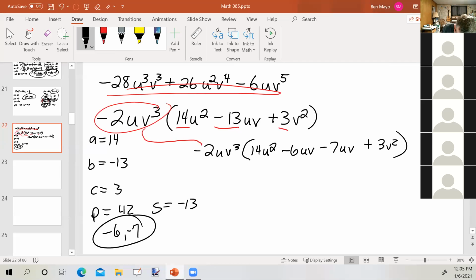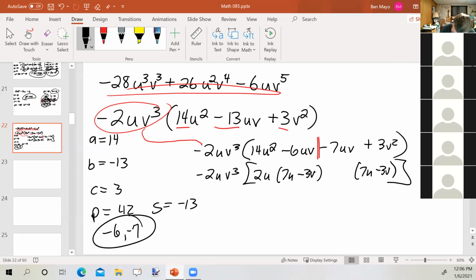All right, so now factoring by grouping. Let's see, I'm going to get what? 2u, 7u minus 3v. So this is going to be 7u minus 3v. And I'm going to take out a minus v.